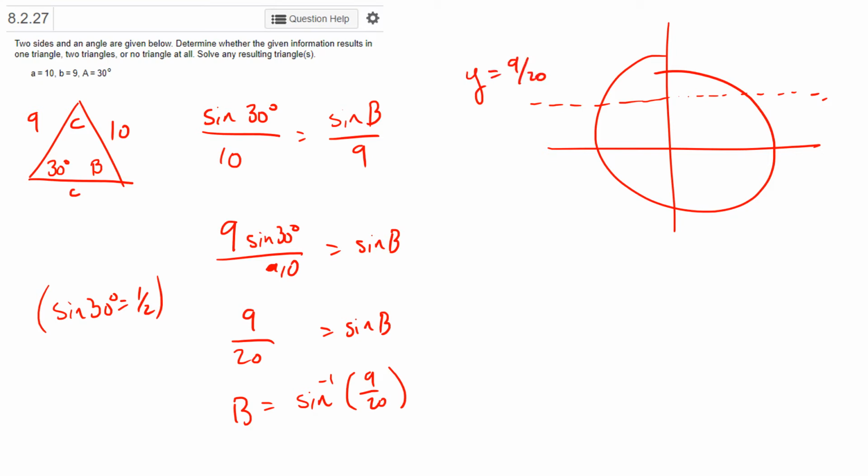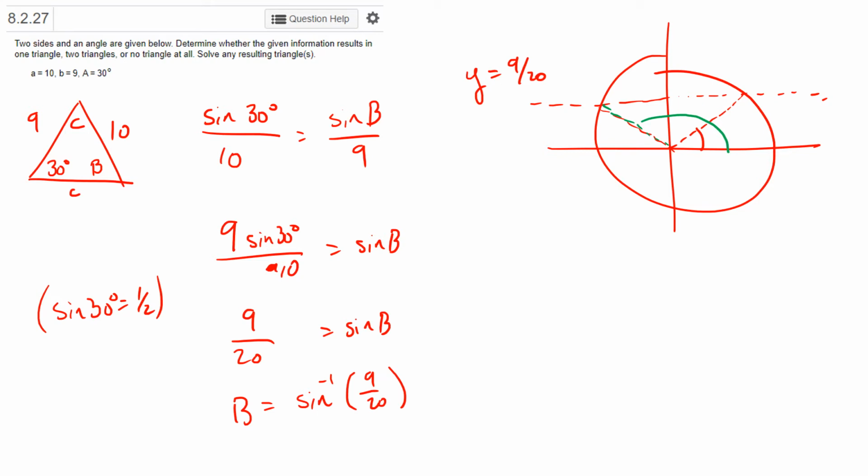Notice that there are two possible angles. There's this angle, or there's this one all the way over here, which I'll draw in a different color for clarity. This angle all the way over here also has a sine of 9 over 20. And since we're not restricted to being in a right triangle, I could have angles larger than 90 degrees in a triangle. Arcsine only gives me the one in the first quadrant.